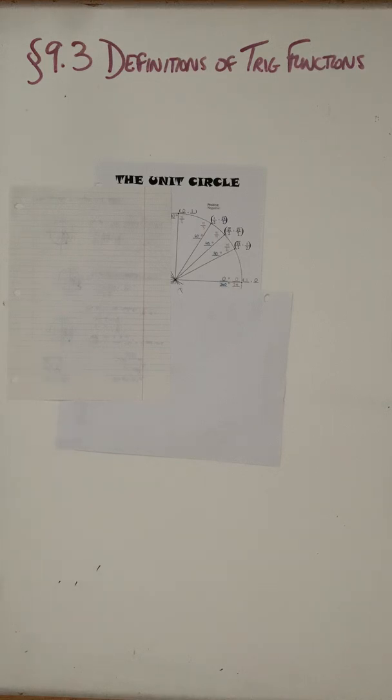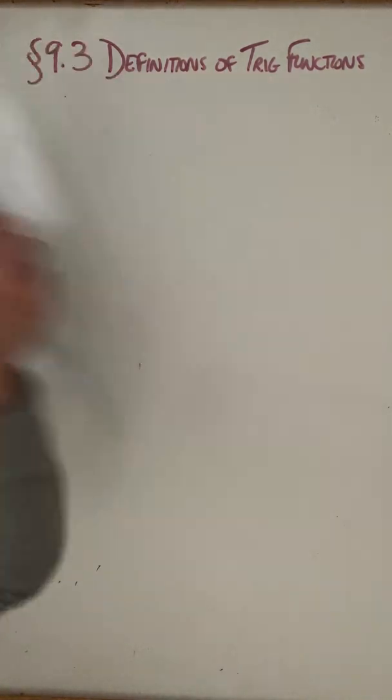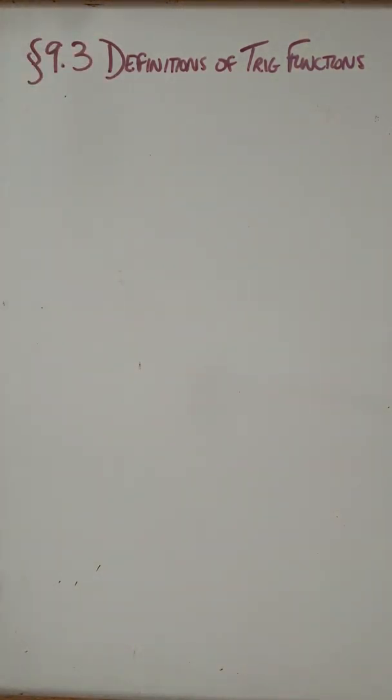So for the practice to go along with this, you're really just going to be looking at where things are positive and negative, so in which quadrants, okay? And really concentrating on trying to understand the relationship that we have here in the unit circle. Oh, and then one more example that I'm going to do just to show you something else real quick.